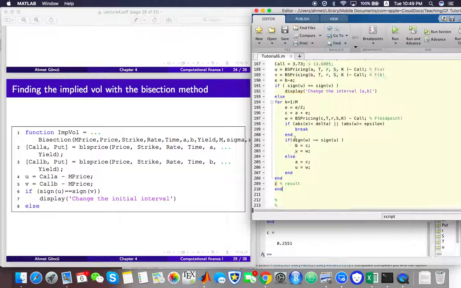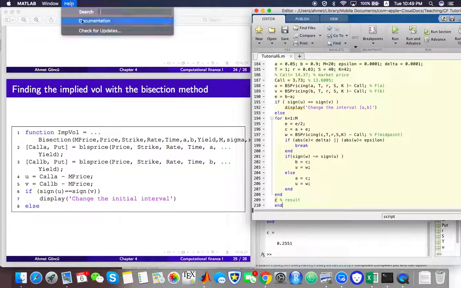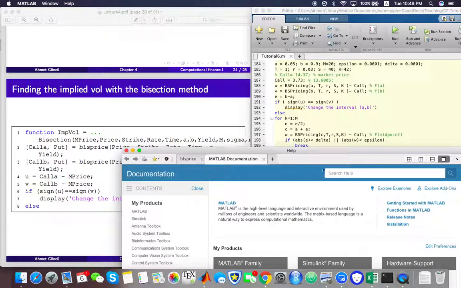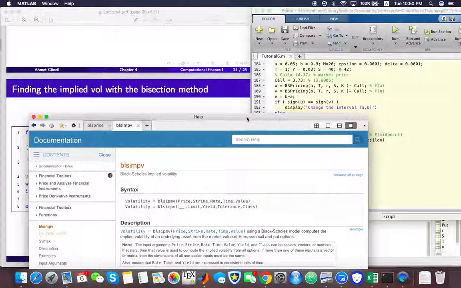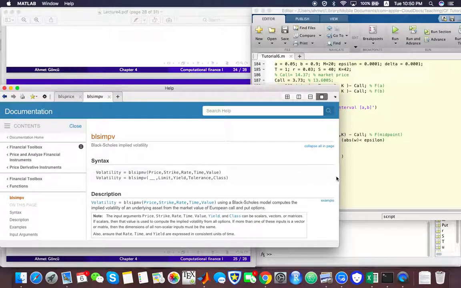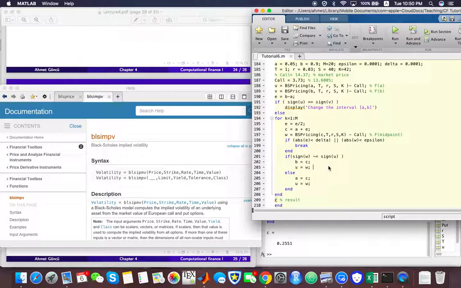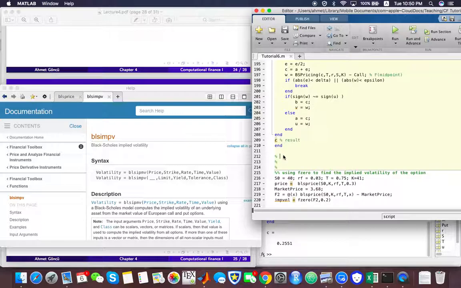And how can I verify? In MATLAB, again, there's a built-in function to find the Black-Scholes implied volatility, and you can check your help file for this. So I just want to verify my result also with the built-in function, and I can say blsimpv.